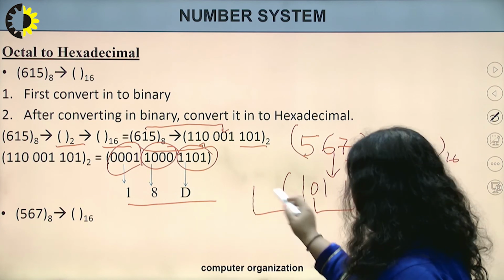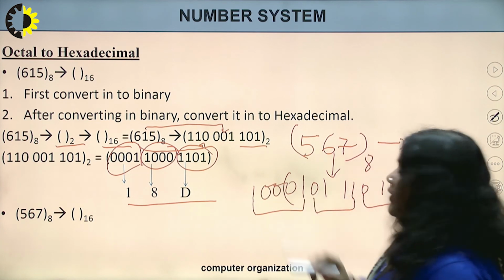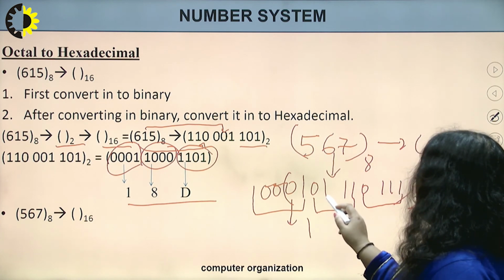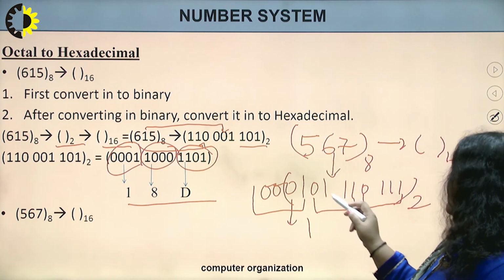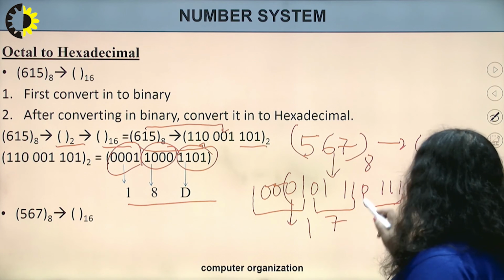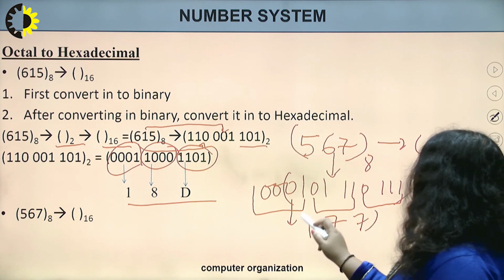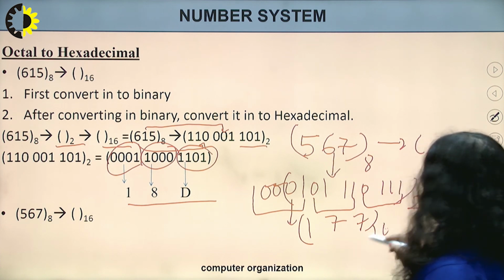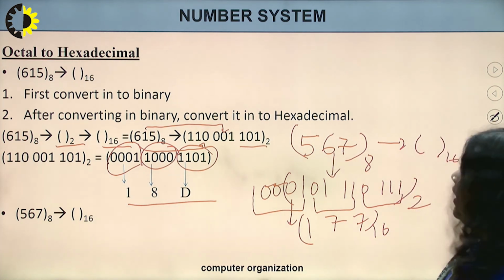This is the single bit, so you have to put a 0 in the MSB. Then the number is 1. This is basically 8421. So this is basically 7. This is basically 7. So the number conversion is like that. 177 is the answer.